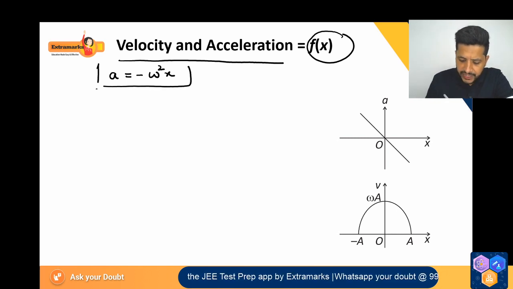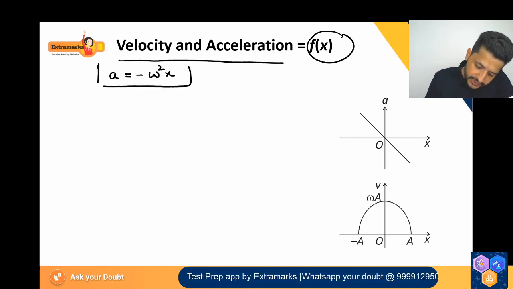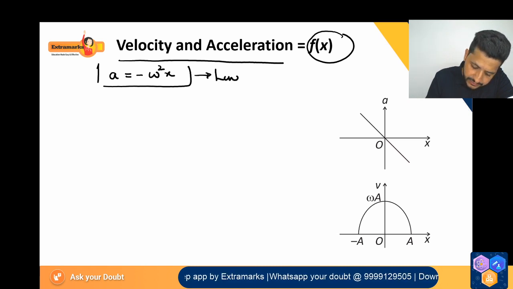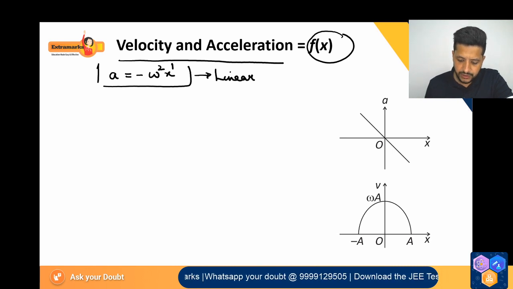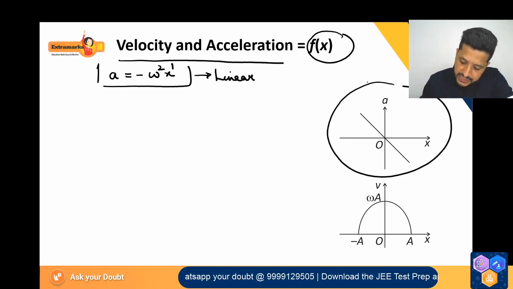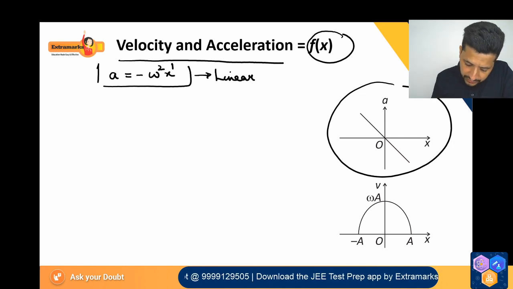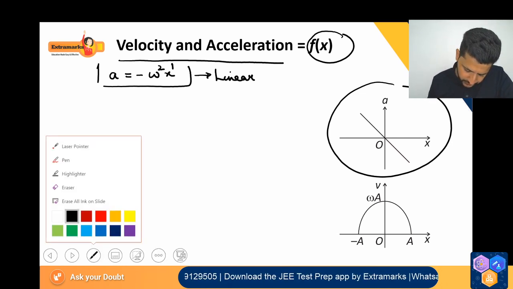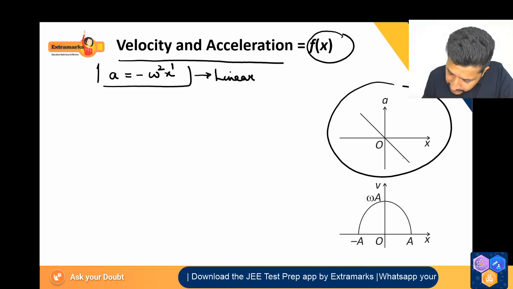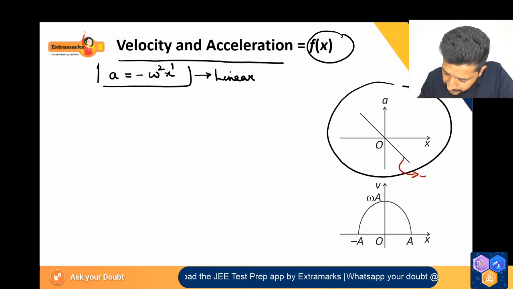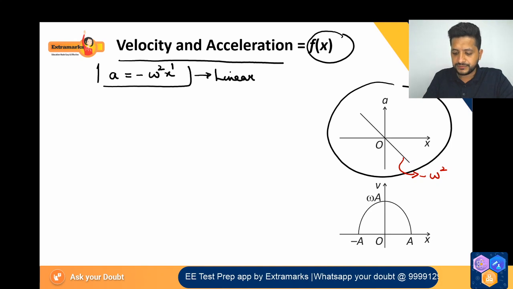Okay, that means this is a linear equation because the power of x is 1. So if you look at this graph, which is a graph between acceleration and position, it should have a negative slope, correct? And the value of this slope must be minus omega square.